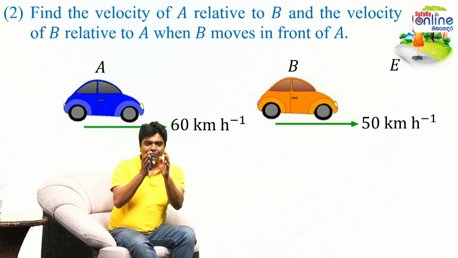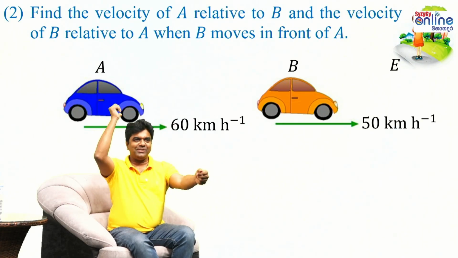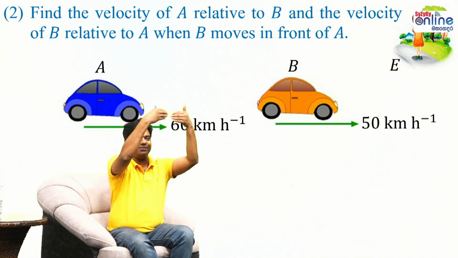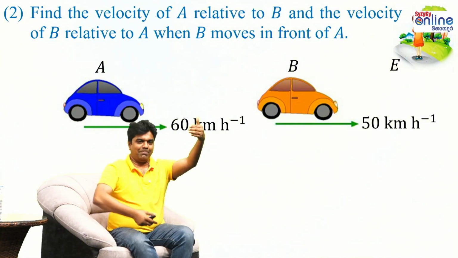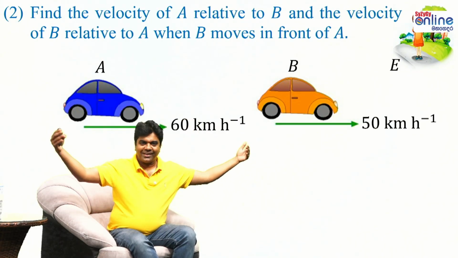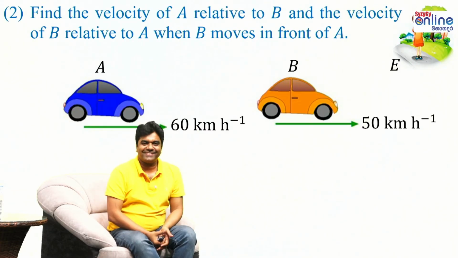So when you are in the car in the front, you are driving and you see from the side mirrors or the back mirror that A is coming towards you.